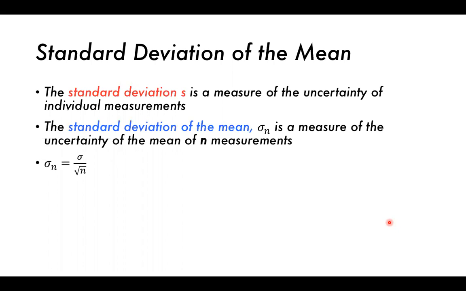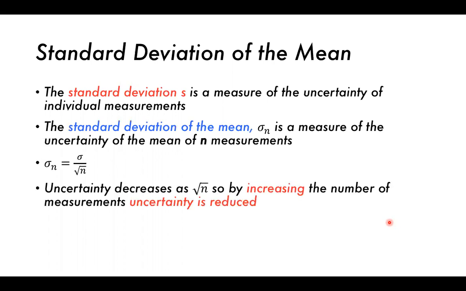Here is the standard deviation of the mean, and that's equal to the true standard deviation, sigma, divided by the square root of n, where n is the number of measurements. Because of this relationship, as we increase the number of measurements, we're going to decrease the uncertainty by a factor of the square root of n. So by increasing the number of measurements, uncertainty is going to be reduced.